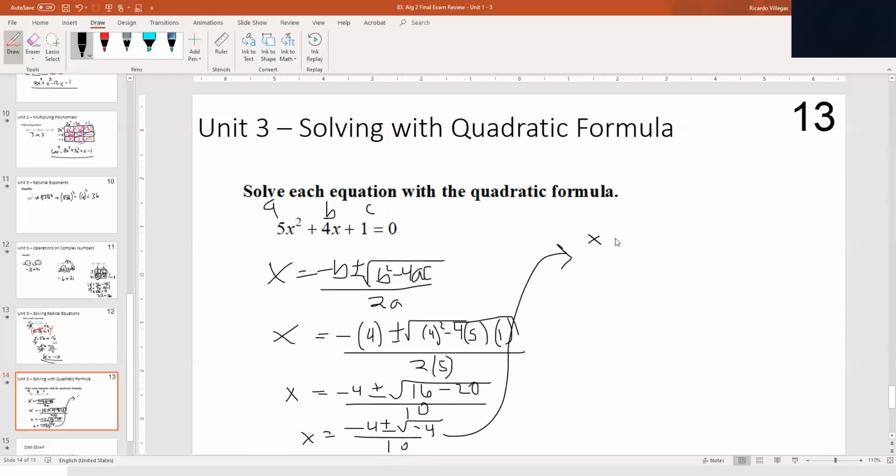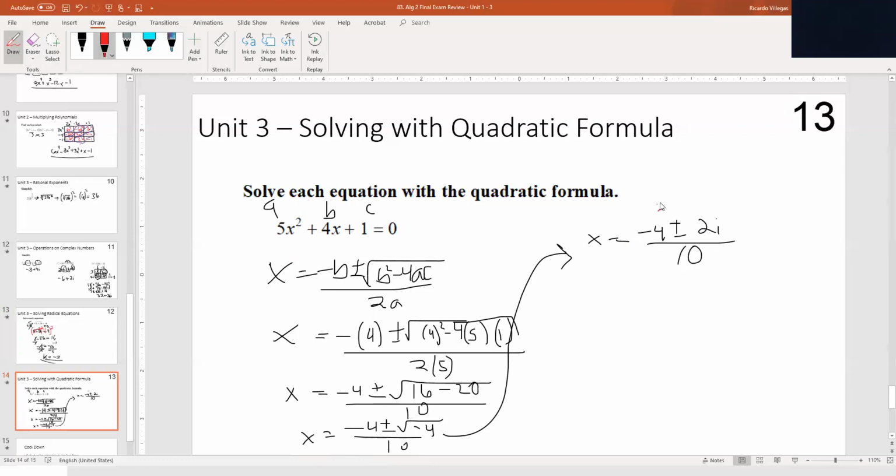So we get x is equal to negative 4 plus or minus the square root of negative 4, which is equal to 2i. Okay. Remember that the square root of a negative number always gives you the imaginary number i. And the square root of 4 is just 2. All over 10. Now, the cool thing here is that we have a 4, a negative 4, a positive and negative 2i, and a 10.